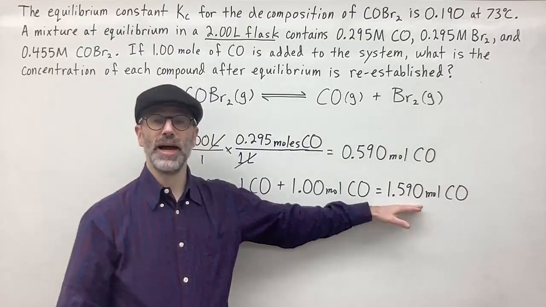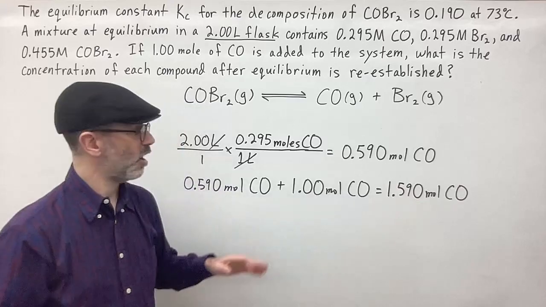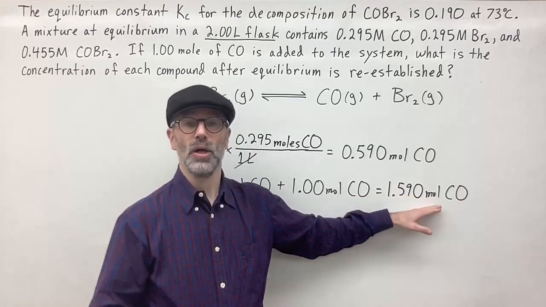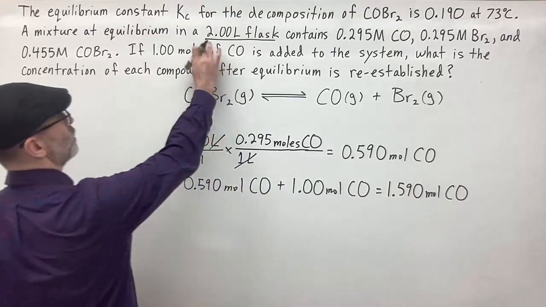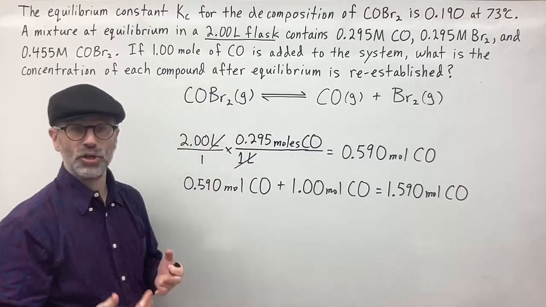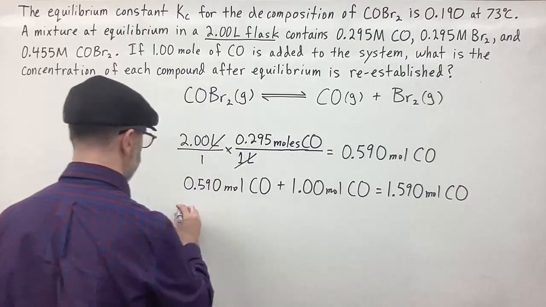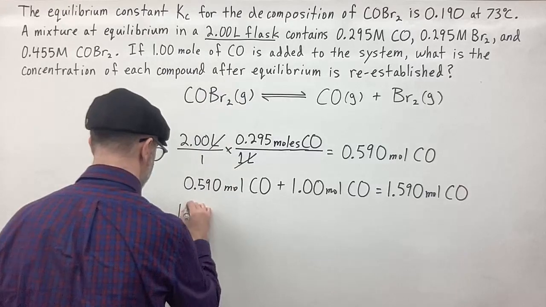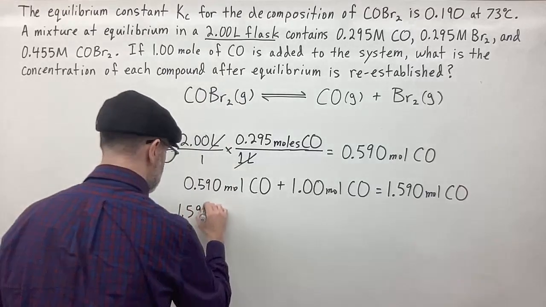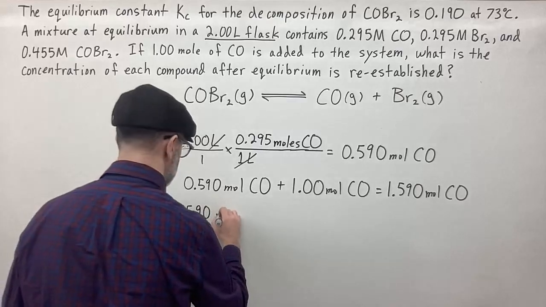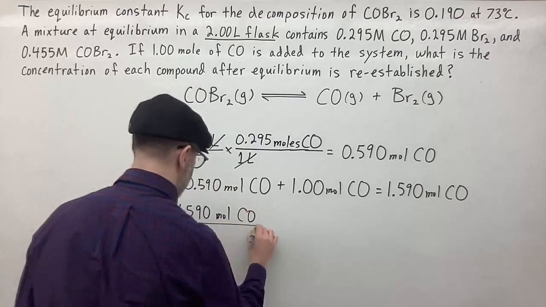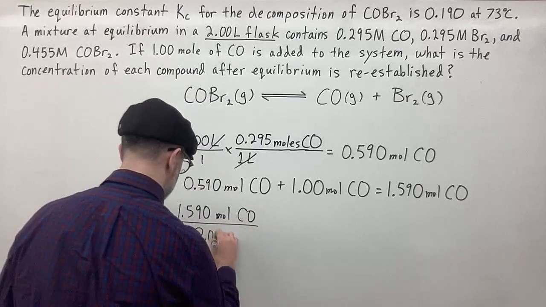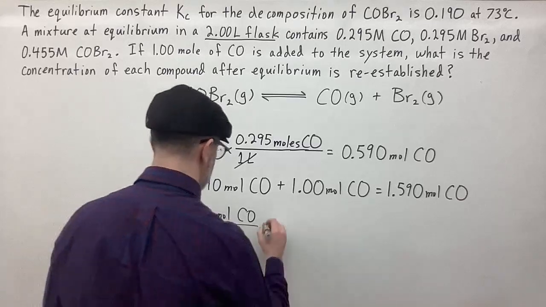So this is the total number of moles I have now. But now I have to find what the concentration is after adding the 1 mole, right? So here, again, go back to the 2 liters volume. So now I'm going to take the new amount of moles, 1.590 moles of CO, and divide that by 2.00 liters.